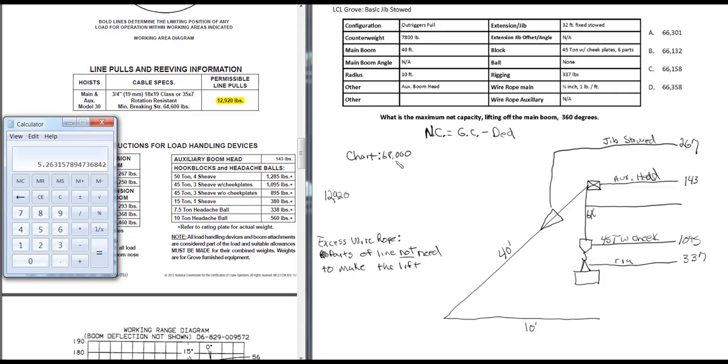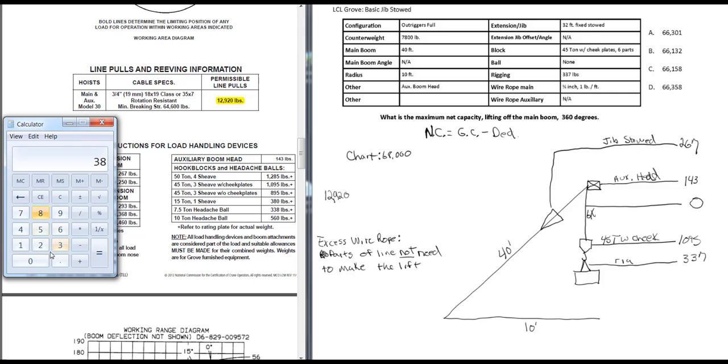Because we need all 6 parts of line, there is no wire rope deduction. So let's write a big fat 0 in here for a wire rope deduction. We don't have any excess line. Just to illustrate this a bit further, what if our chart capacity was 38,000?